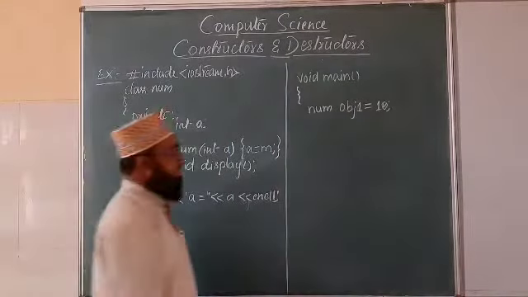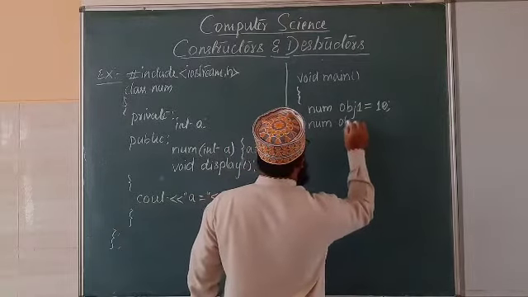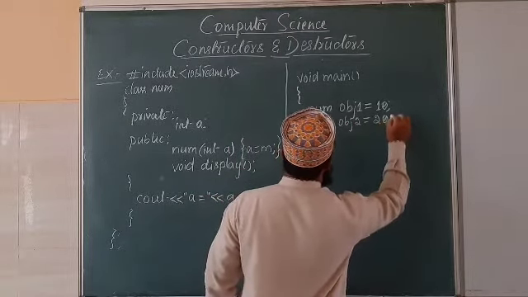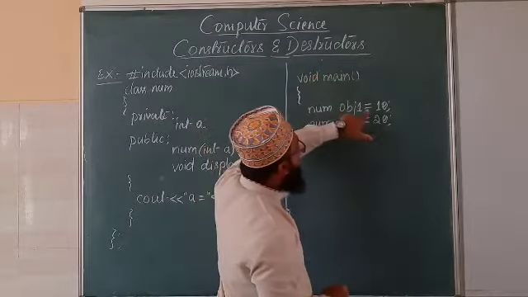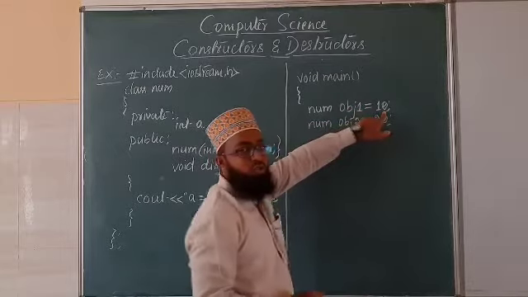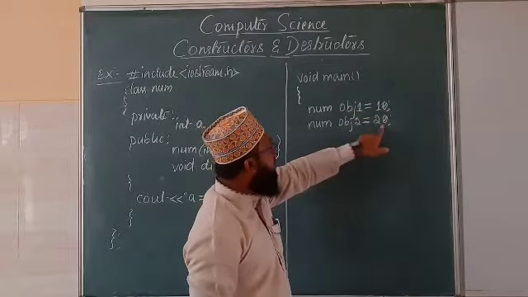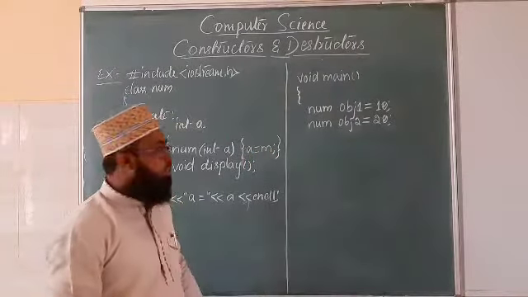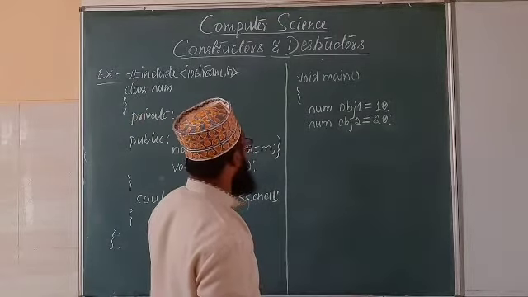Right? Then Num object2 equals 20. Okay, see, declaration of object with assignment operator and with values to be initialized. Declaration of object with assignment operator, values to be initialized.